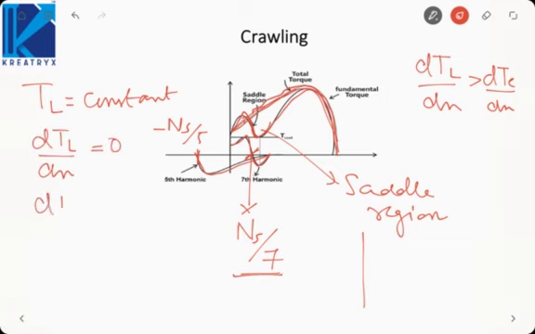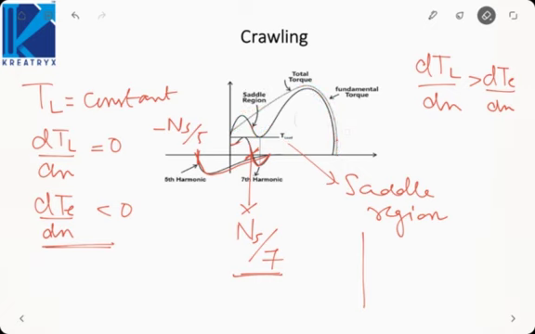So the condition for stability becomes dTE by dN is less than 0, that is, negative. So here we have two places where the slope of the torque slip characteristic is negative. One is this region, the other is this. So we have two stable operating points, that is A and B.